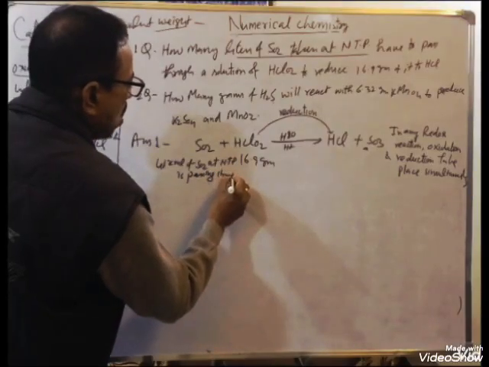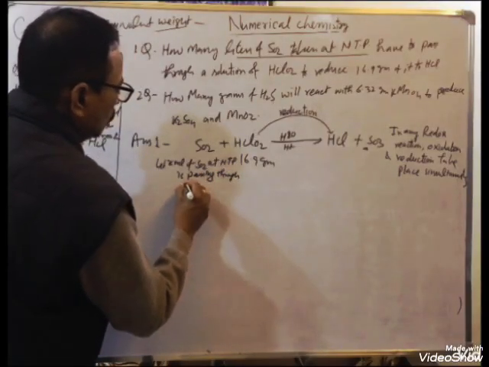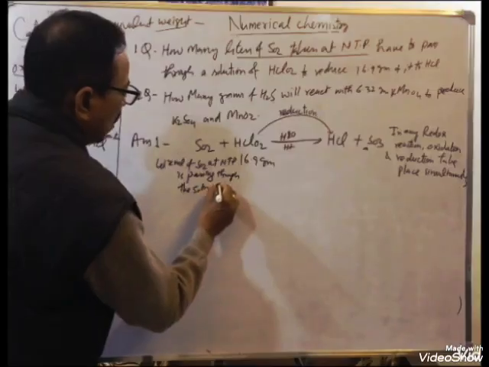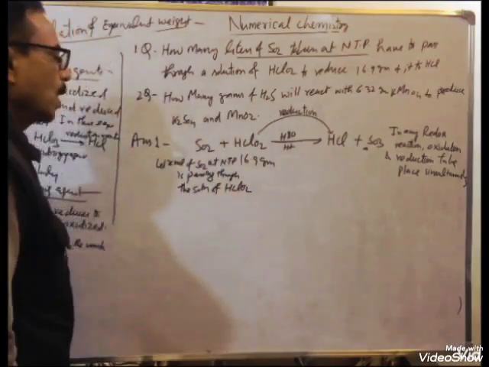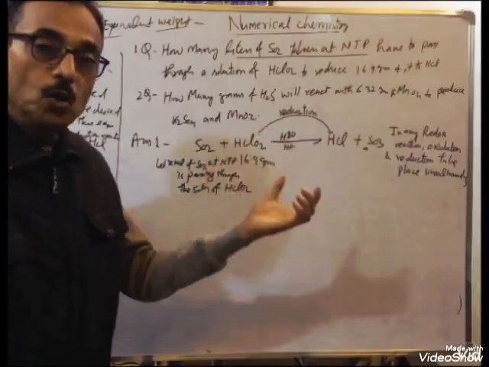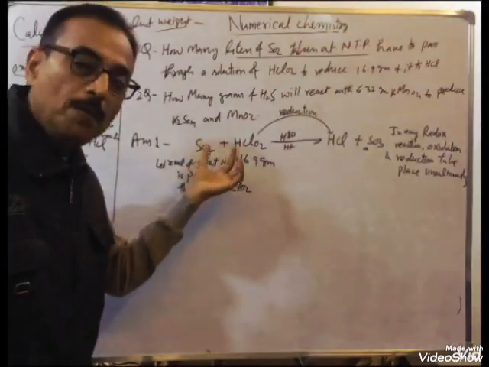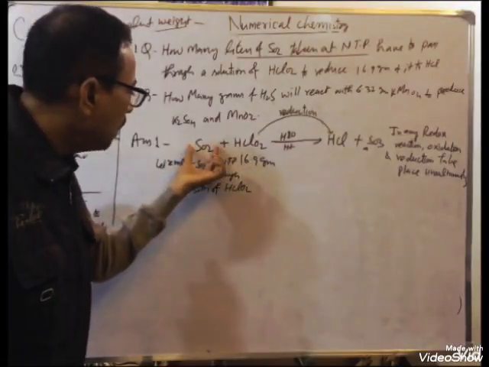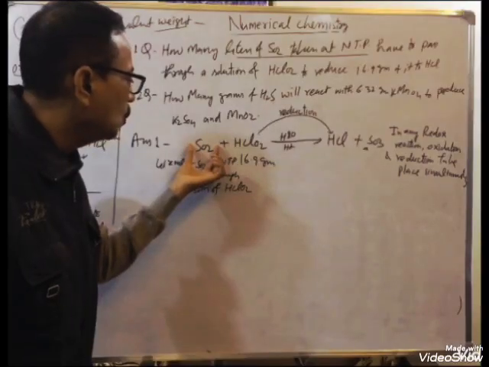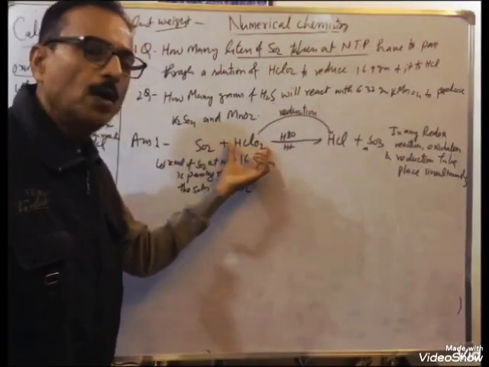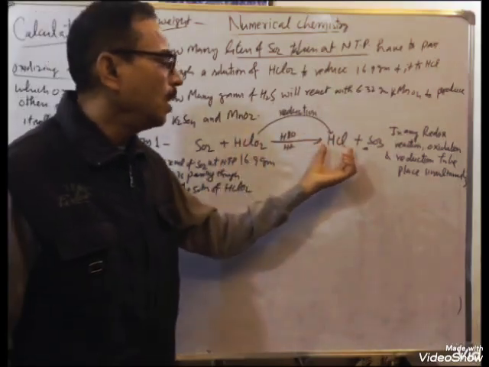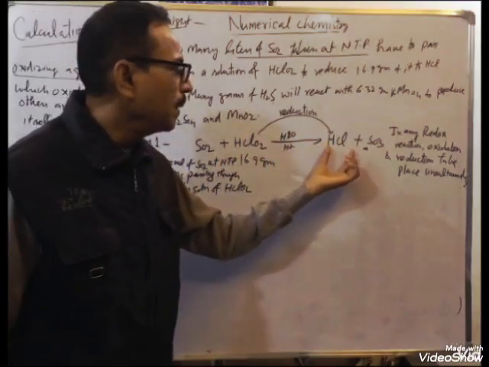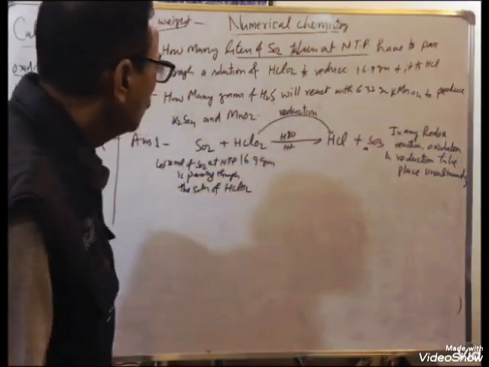Let X ml of SO2 at NTP be passing through the solution of HClO2. So I have told you the law of gram equivalent says the same number of equivalents of SO2 reacts with an equal number of gram equivalents of HClO2 and forms equal gram equivalents of HCl and SO3.